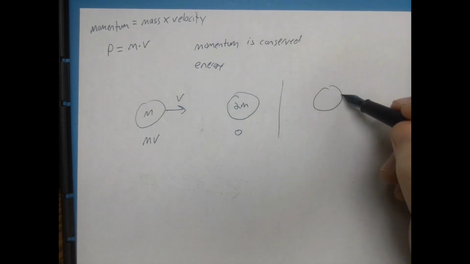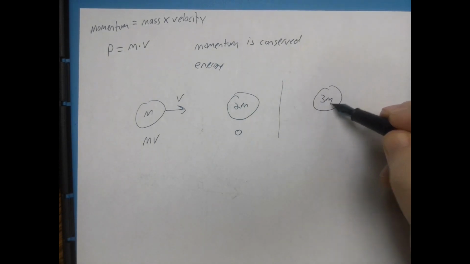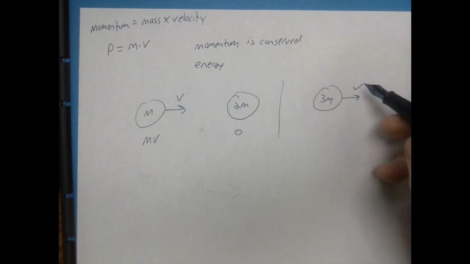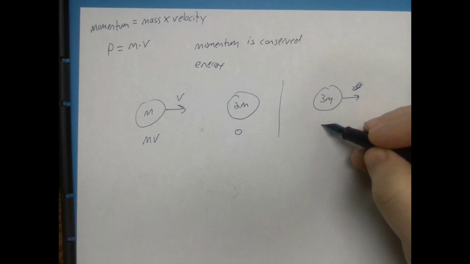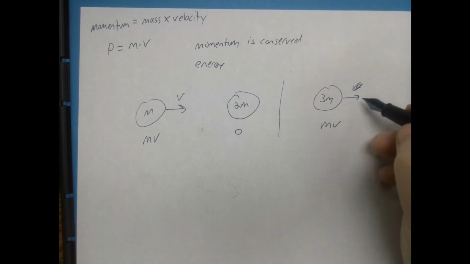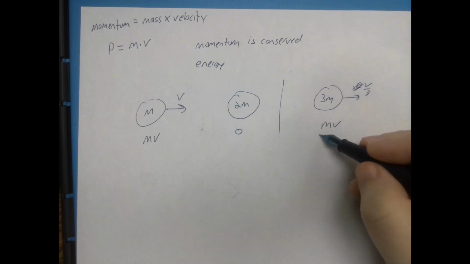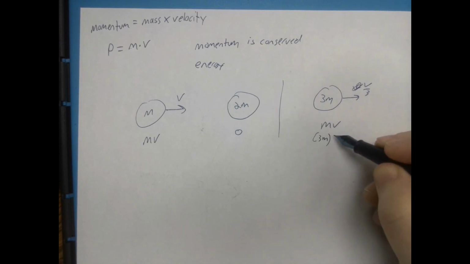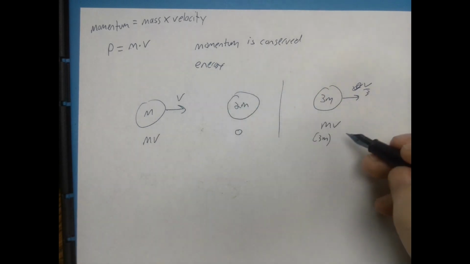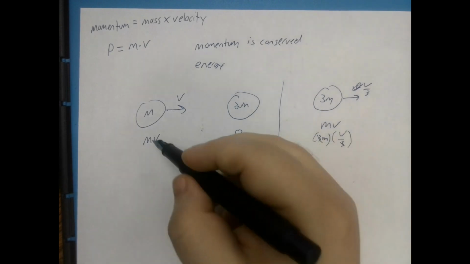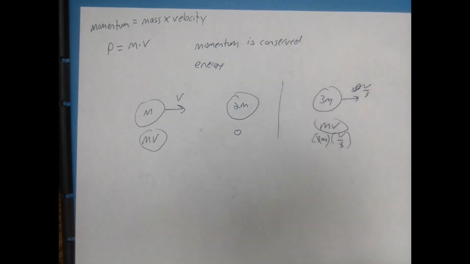Afterward, if they were to stick together and become 3m, then the momentum of this system would have to be mv. So the velocity would be a third. So you get 3m for the total mass of them combined, times velocity over 3. The 3's cancel out, giving you mass times velocity, because momentum is conserved.